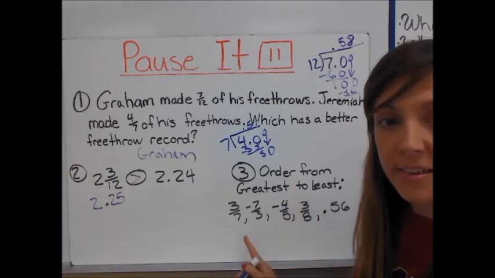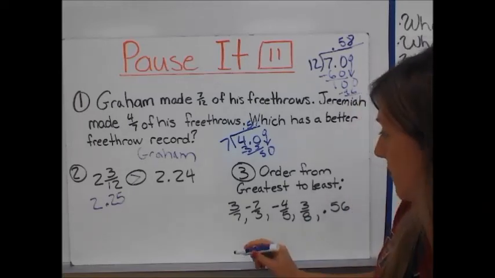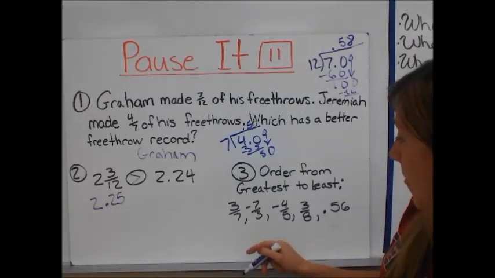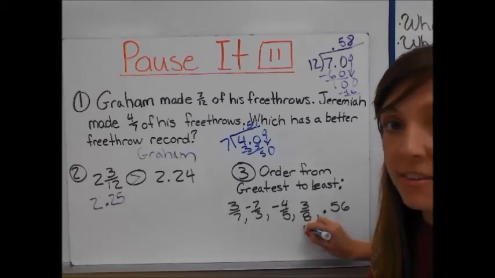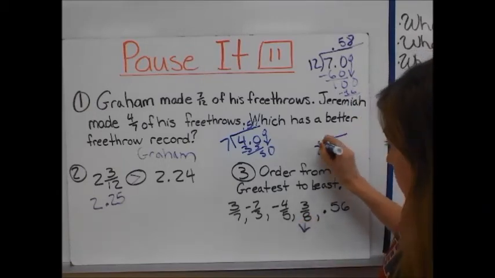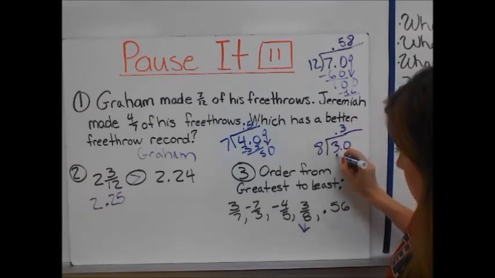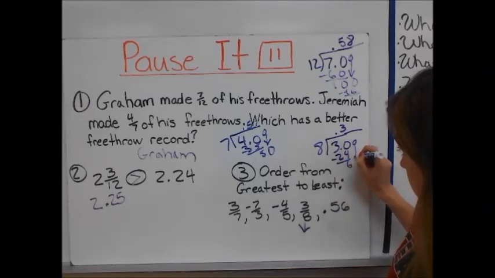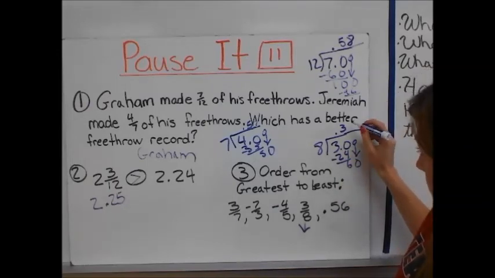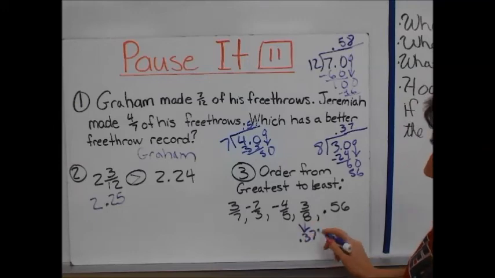Order from greatest to least: 3/7, -7/3, -4/5, 3/8, and 56/100. I'm going to change these into decimal numbers. 0.37 is where I'm going to stop here.